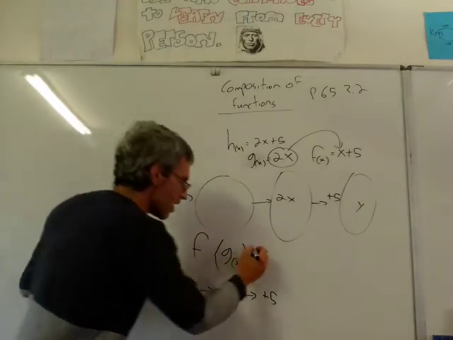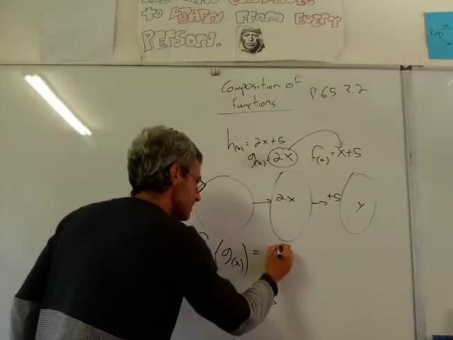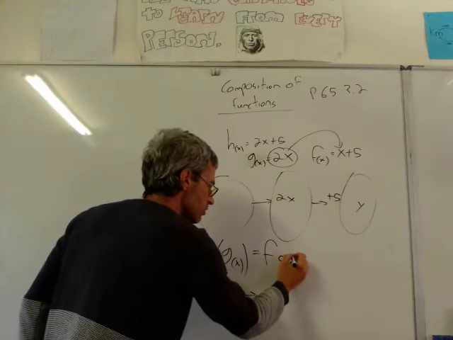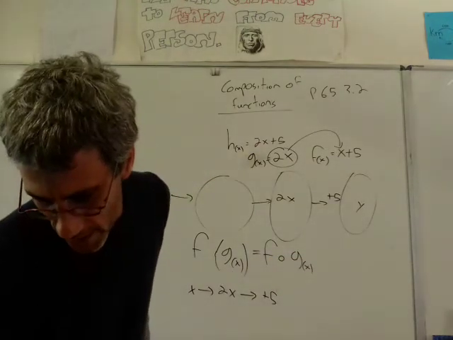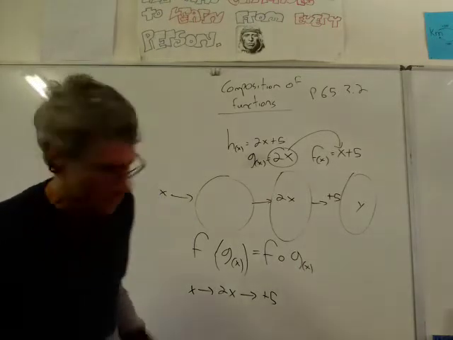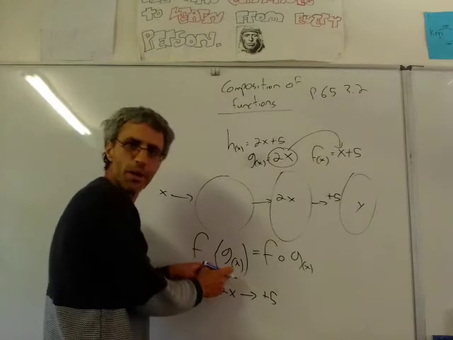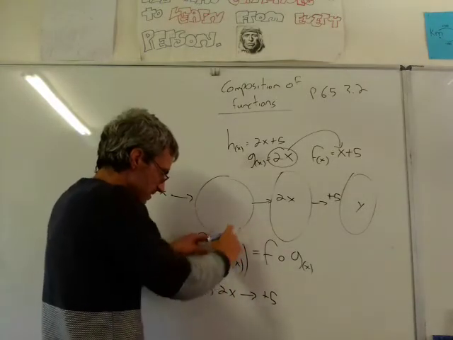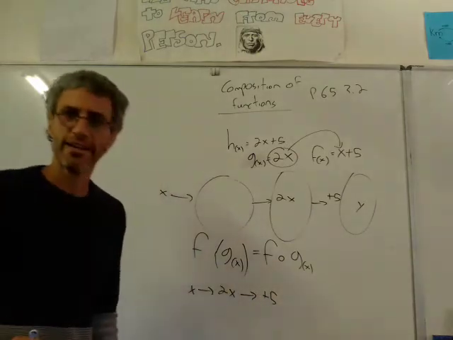Now, another way of writing it is f circle g of x. Just want to make sure I drew it correctly like they do it. Yes. So this is the same thing. I like to write it this way, then I can see that the x for f is your g of x. But you can also write it like that.